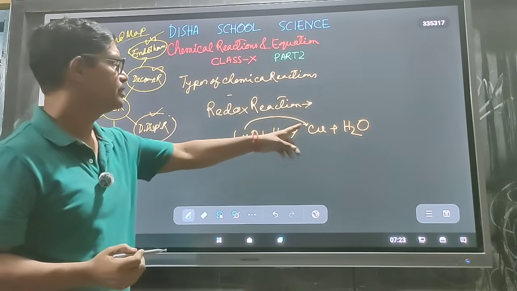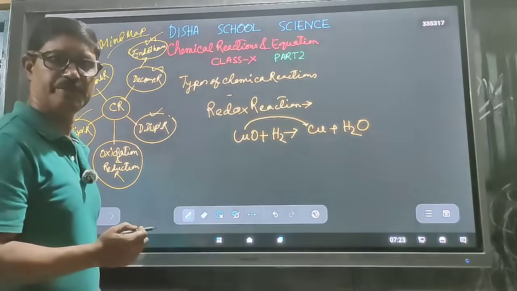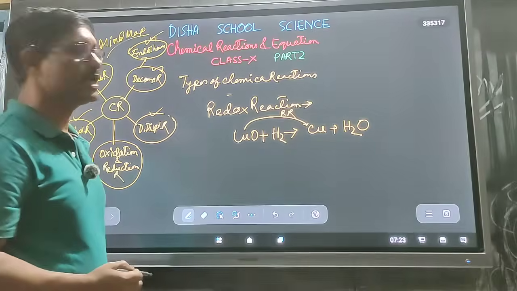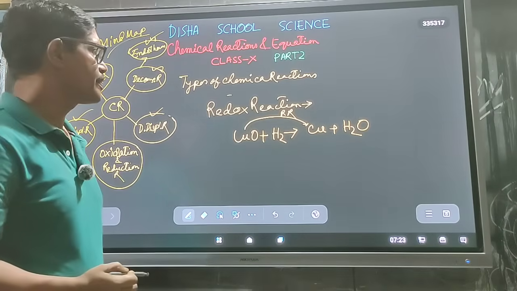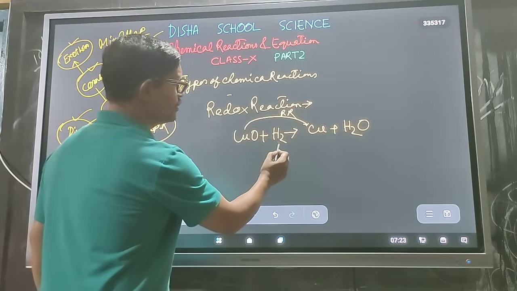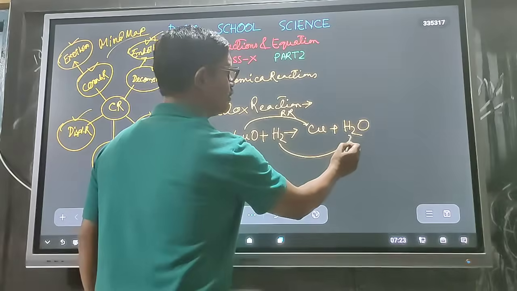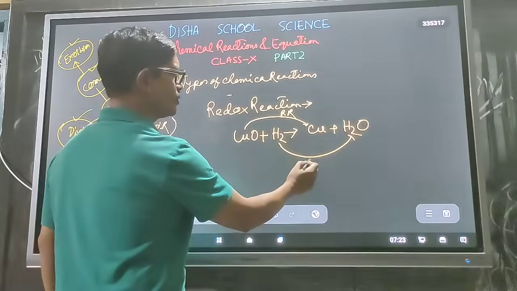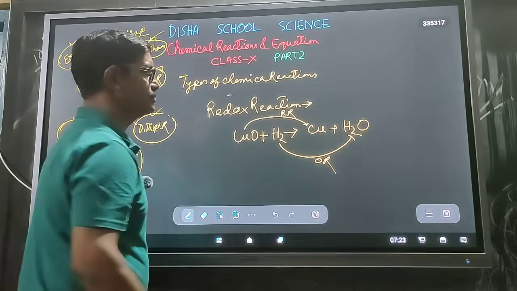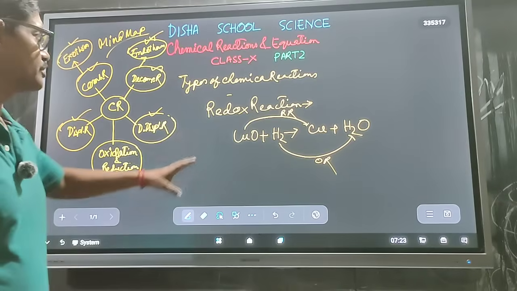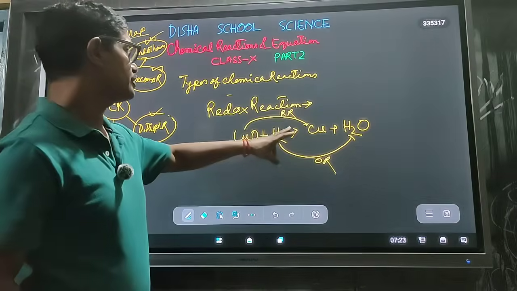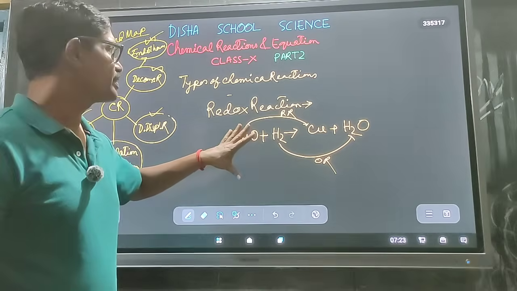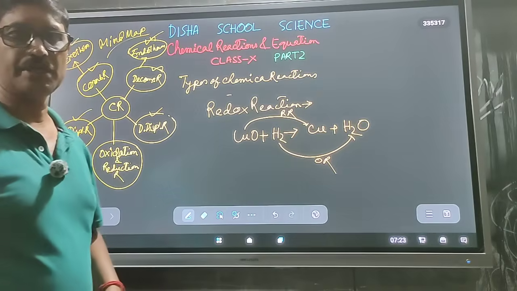Previously oxygen is there, now no oxygen. So what reaction is it? Reduction reaction, removal of oxygen. On the other hand, hydrogen combines with oxygen to form water, so there is addition of oxygen, so it is called oxidation reaction. Like this, both oxidation and reduction reactions occur in the same reaction, that is called redox reaction.